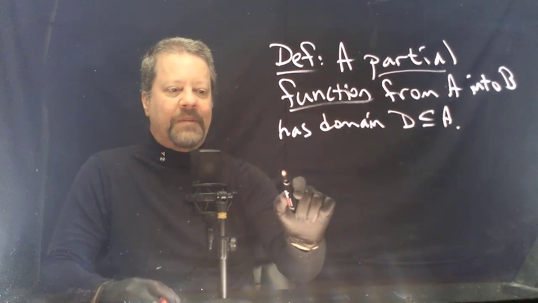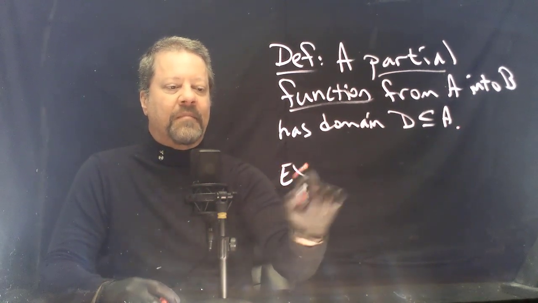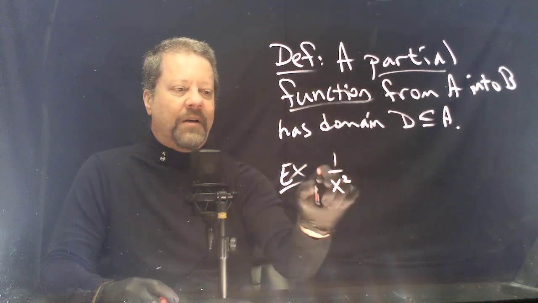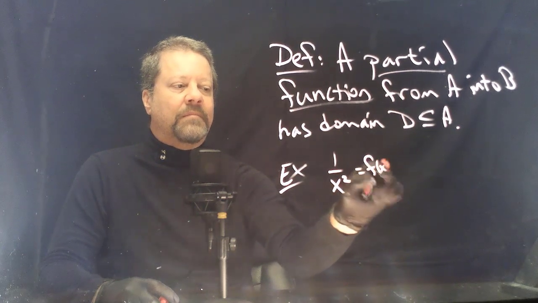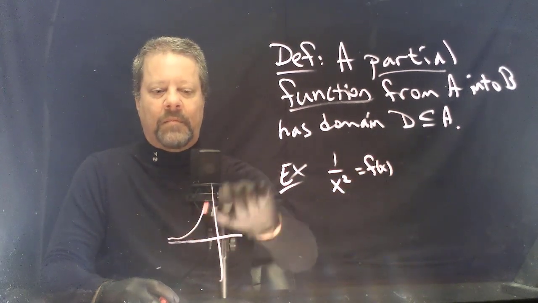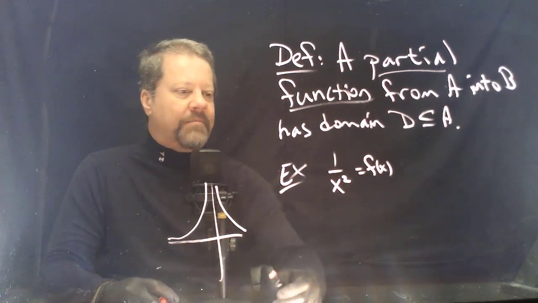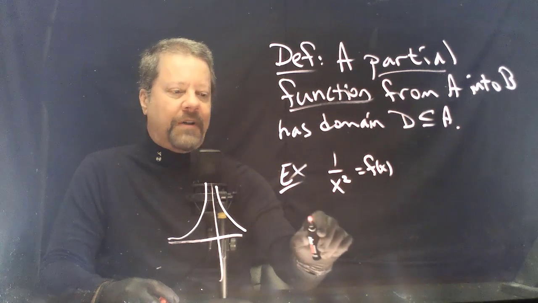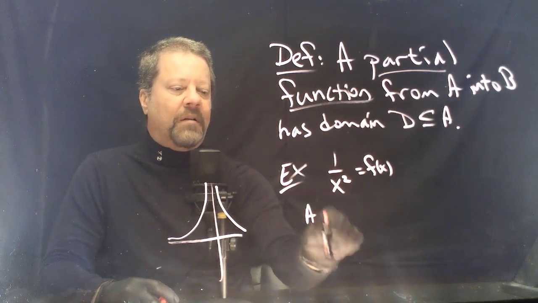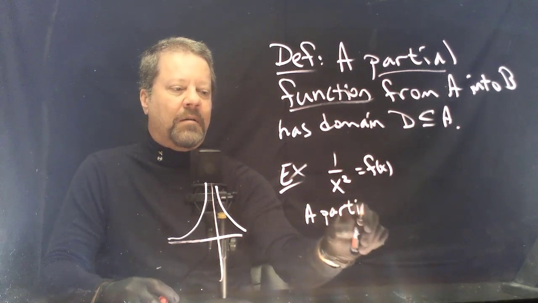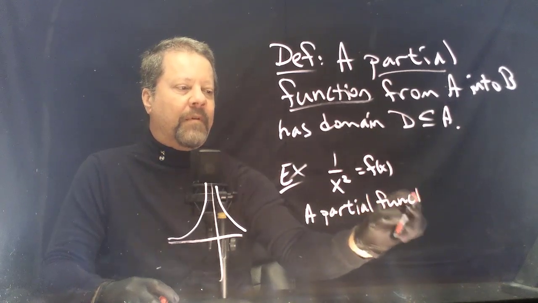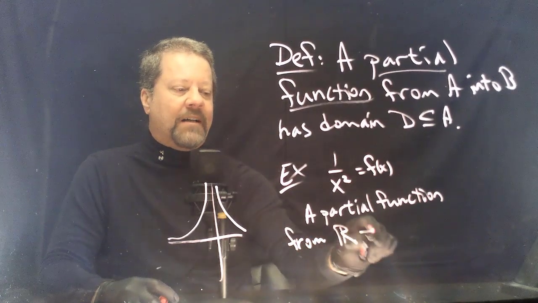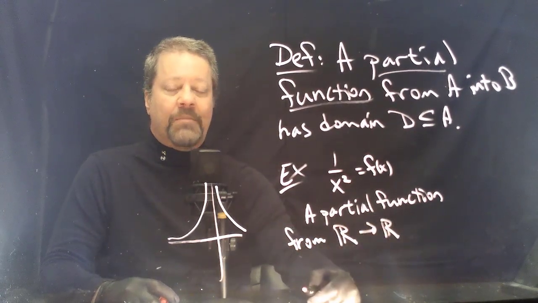So for example, if I have the function 1 over x squared, note that this function is not defined at 0, but we can still call this a partial function from the entire set of real numbers into the entire set of real numbers.